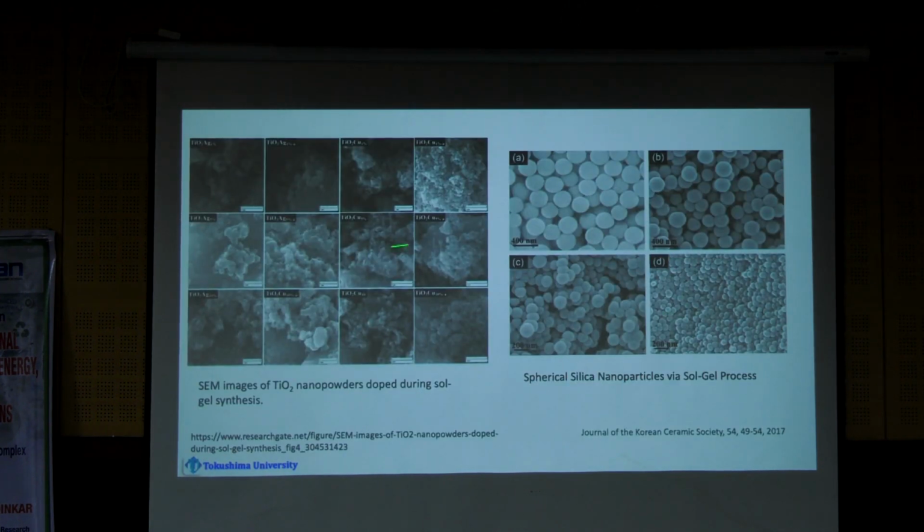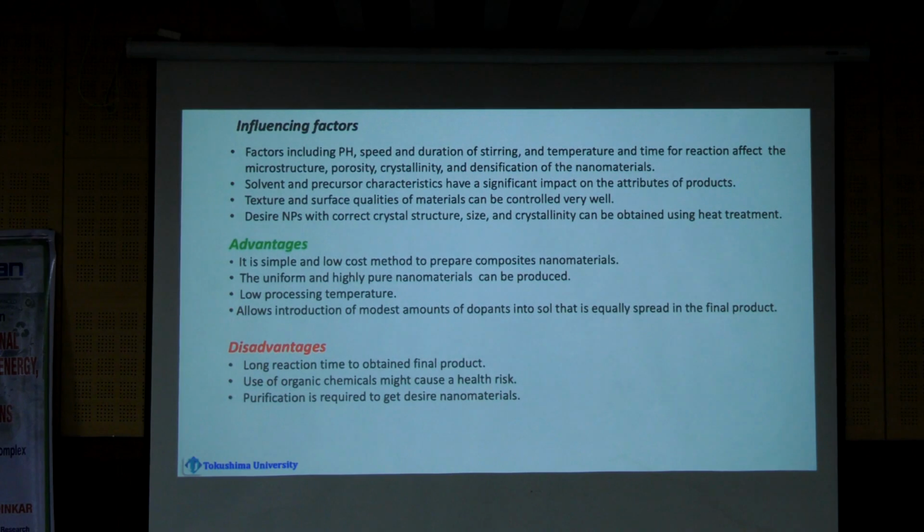These are the pictures. Sol gel method also produces uniform structure. These are the advantages. When you are using water and you use some kind of pre-treatment, pH is a very important parameter, then speed, stirring time, and temperature, time for reaction can affect the structure quality, porosity, and other factors.